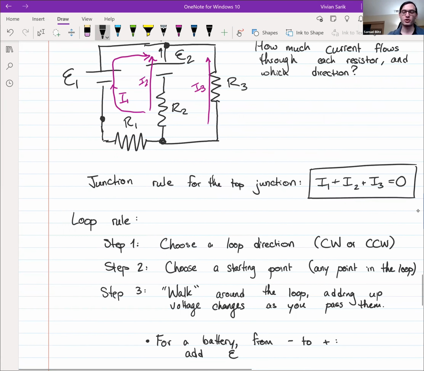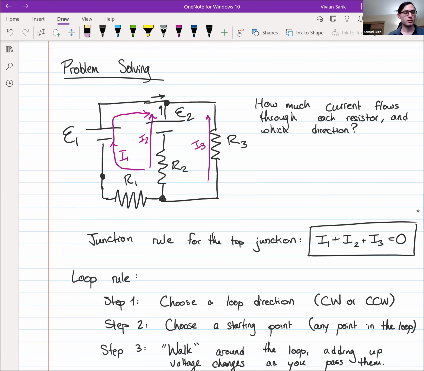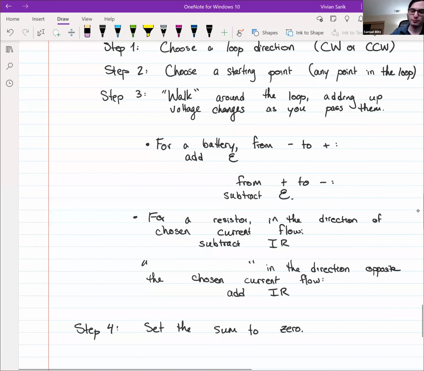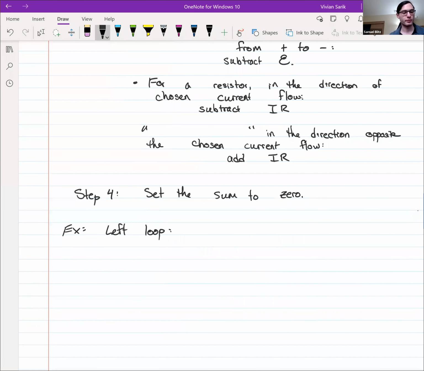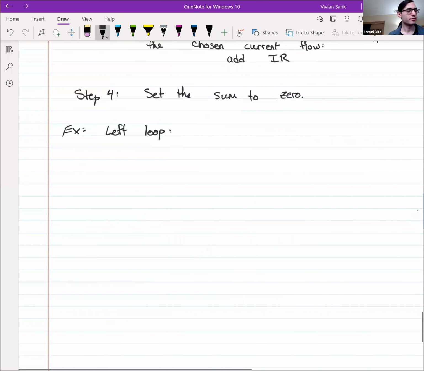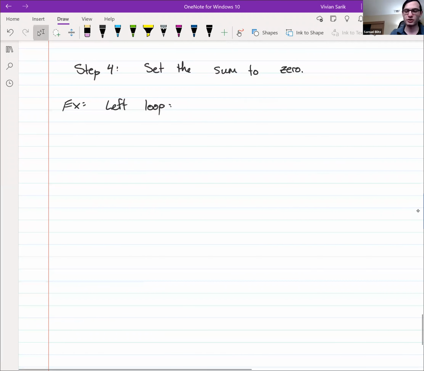So this loop. I'm going to redraw it really quick. The left loop has the following. We have a battery. I'm going to draw it kind of big, and I'm just going to isolate that loop because we don't care about what's happening elsewhere.